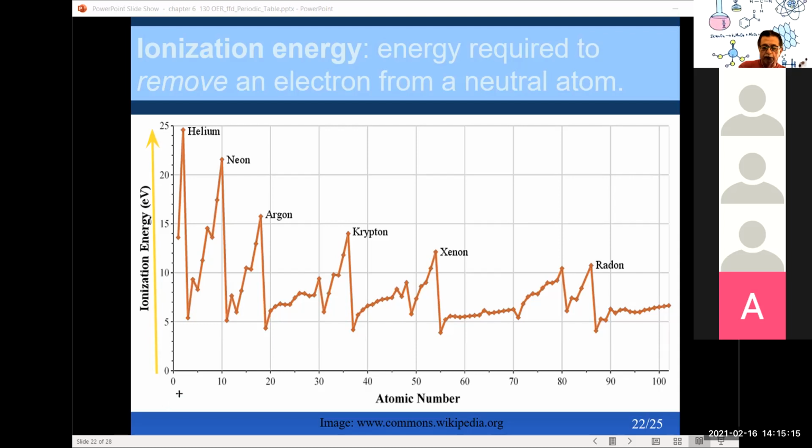And then on the x-axis, we have the atomic number of the element. So we look at the first element, we measure the amount of energy it takes for it to become ionized. And the very first element is right here, hydrogen. And hydrogen takes X amount of energy to remove an electron, which is probably about 13.5 units of energy, ballpark, right?